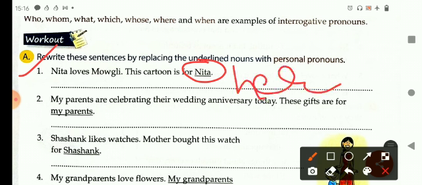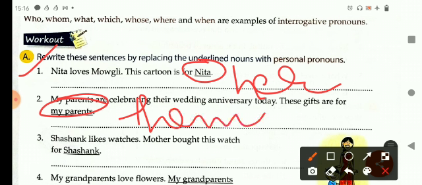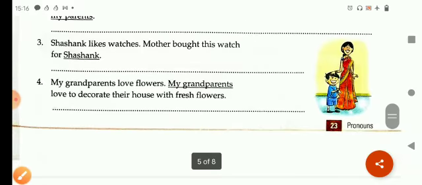We will use the personal pronoun her for Neeta. My parents are celebrating their wedding anniversary today and these gifts are for them. Parents is plural, so we will write them, the plural pronoun for parents. In this way, you have to do the rest of the sentences.